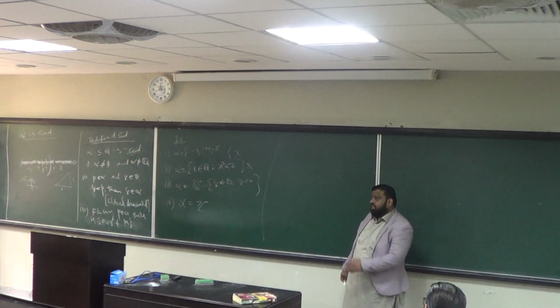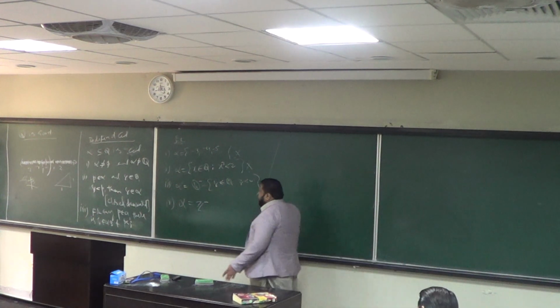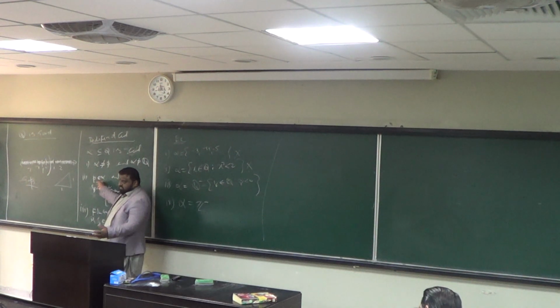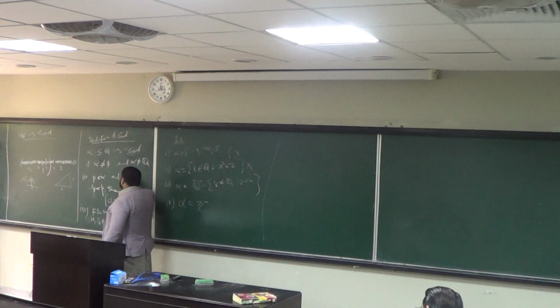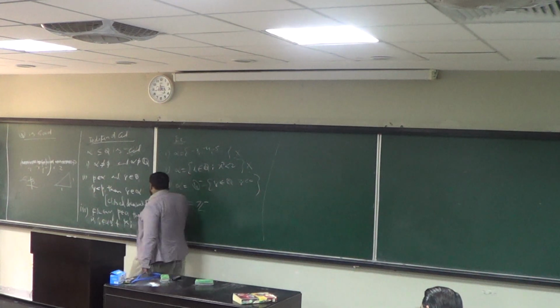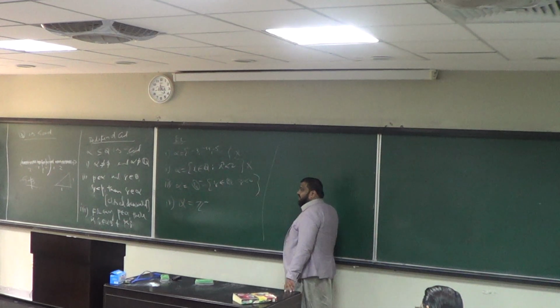What's the second property? It says that you take something from your candidate cut, and you take something from the rational numbers which is smaller than it. Then that smaller thing should also be part of the cut. So tell me why this is not a good candidate for a cut.